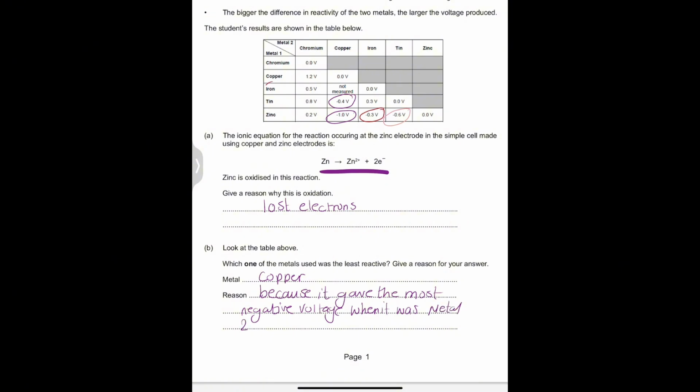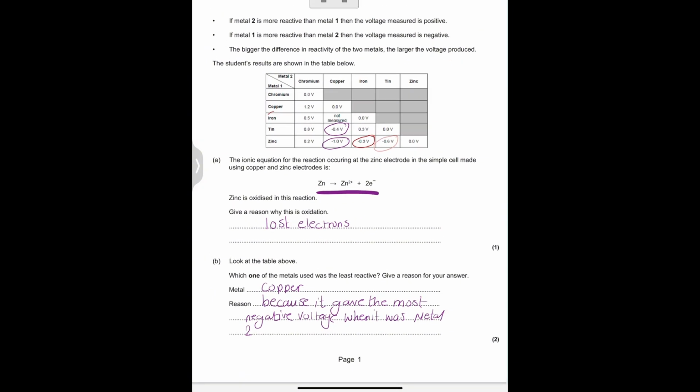Metal 2. Okay, so that's the most obvious answer that you would write down for this one here. You have to state when it was metal 2, because that's copper. When it's going across horizontally, it's metal 2.